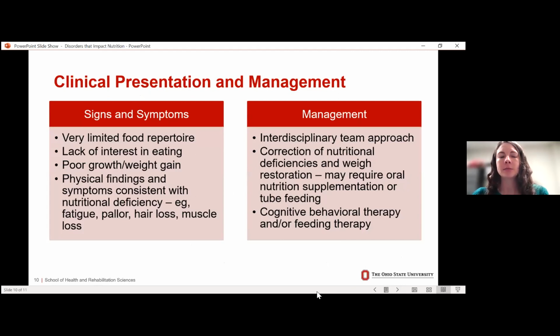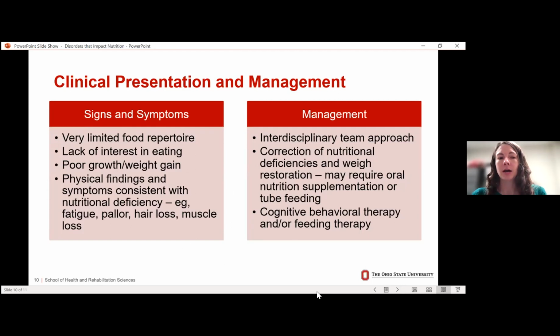All right, so our signs and symptoms: very limited food repertoire, especially if you notice it becoming more narrow over time, more limited. A lack of interest in eating, not seeming to have much of an appetite, poor growth, poor weight gain or weight loss, and then physical findings and symptoms consistent with nutritional deficiency.